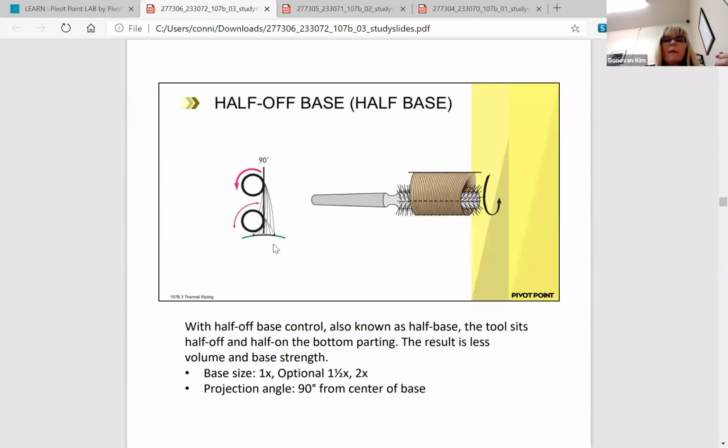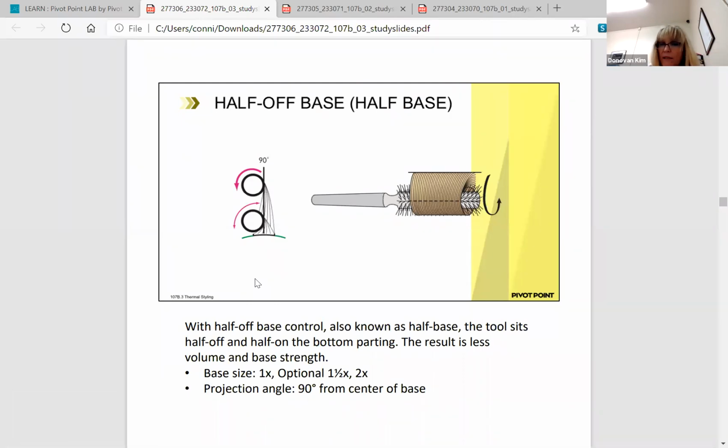Now our half off base: here's our parting, but it's sitting in the middle of this tool. So when we take our section and we're combing it straight up at 90 degrees, this is giving us our half off base, because half is on the tool and half is not. That's giving us a medium amount of volume, not a lot.